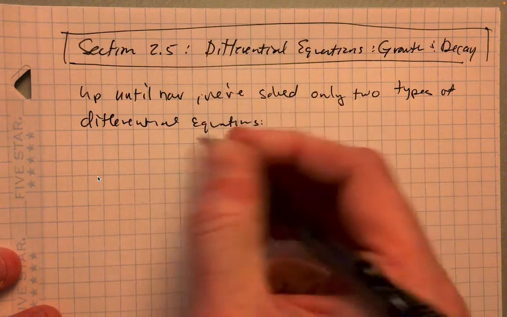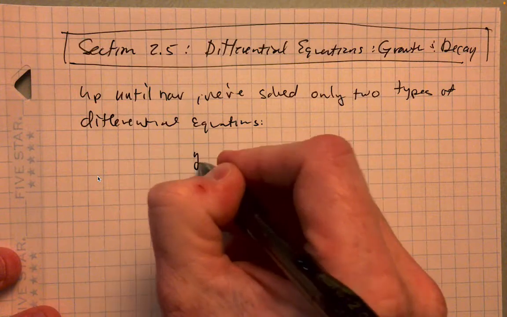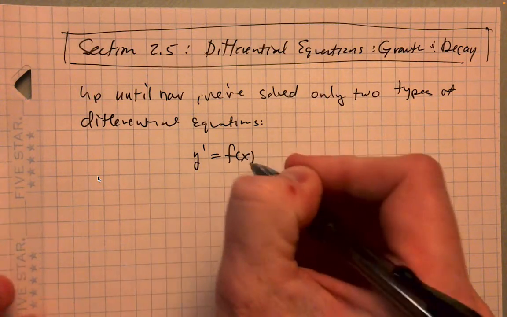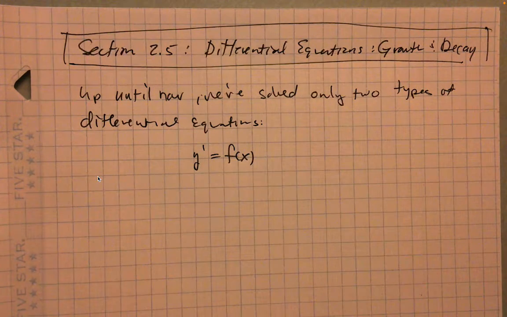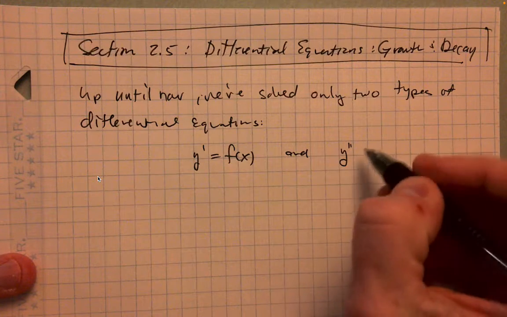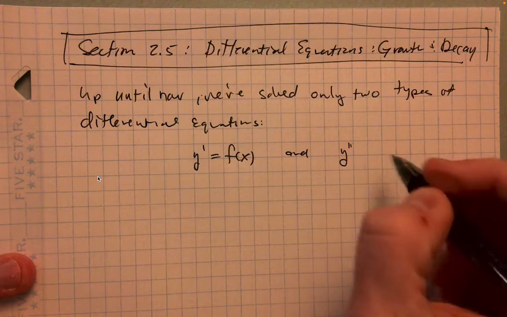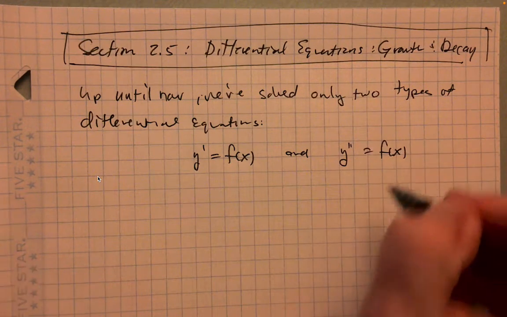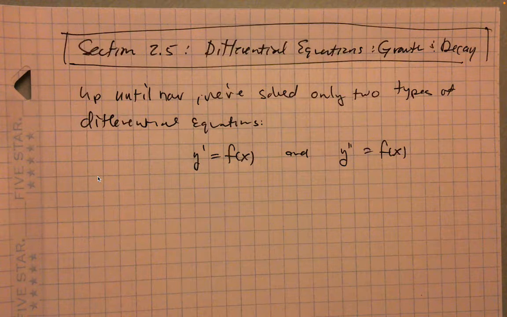The first type we looked at was where you've got y prime equals some function of x. And the other one was where we had a second derivative, y double prime, equal to a function of x. So these are the only two we've looked at thus far.